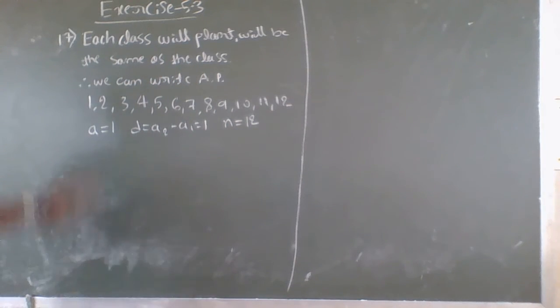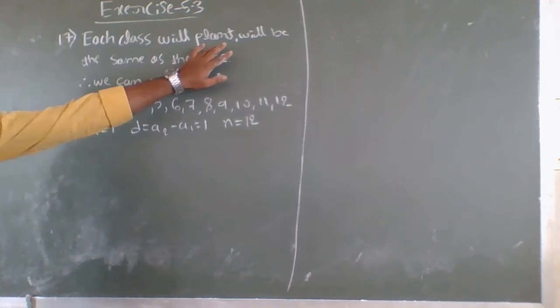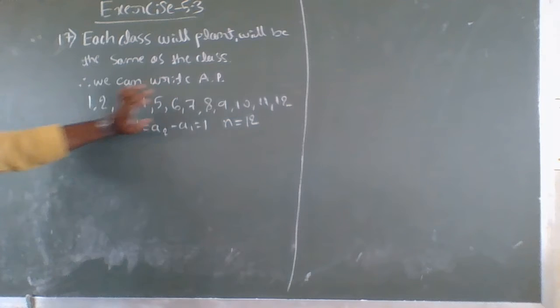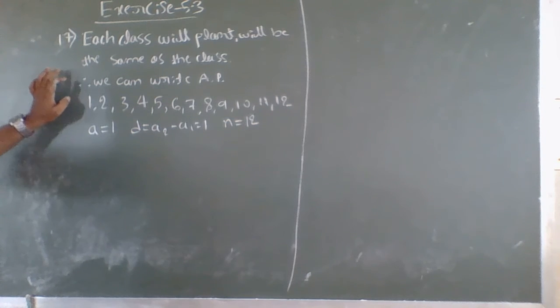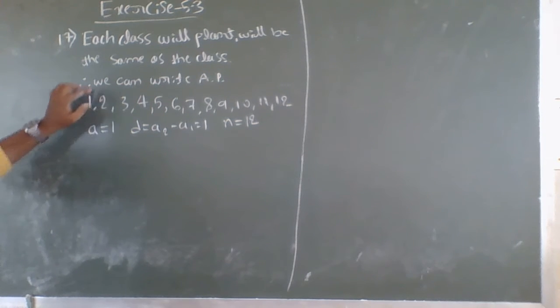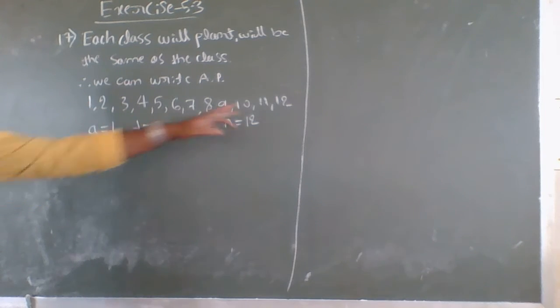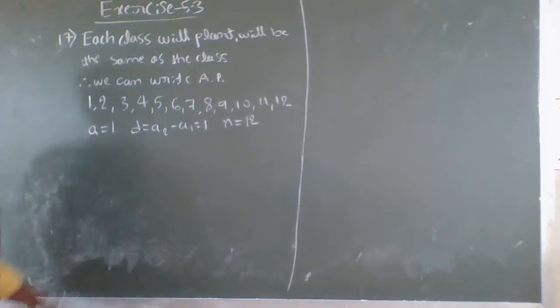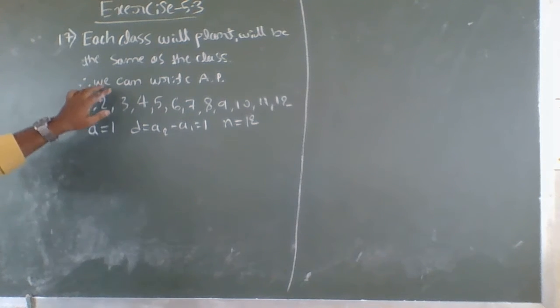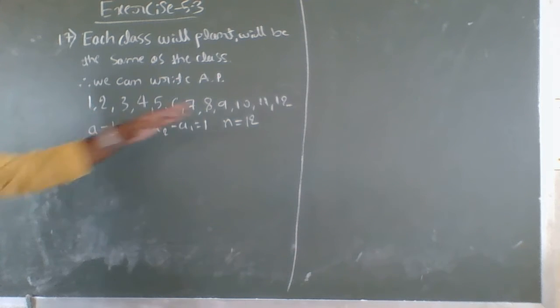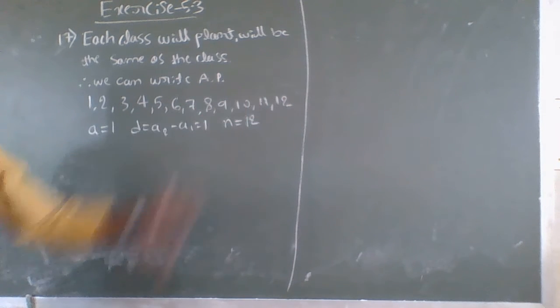So here they have given that each class will plant the same as the class number. Class 1 will plant 1 tree, class 2 will plant 2, class 3 will plant 3 trees, up to the 12th class. So by observing this, we can write the arithmetic progression 1 to 12: 1, 2, 3, 4, 5, 6, up to 12.